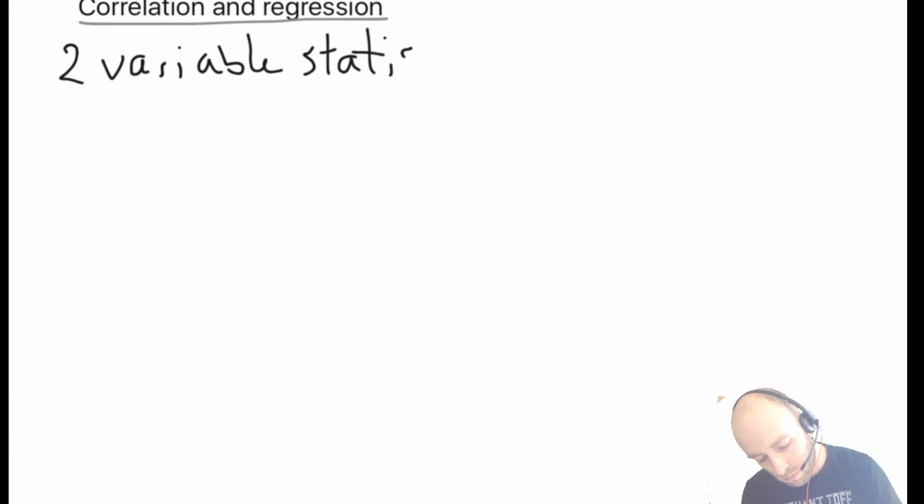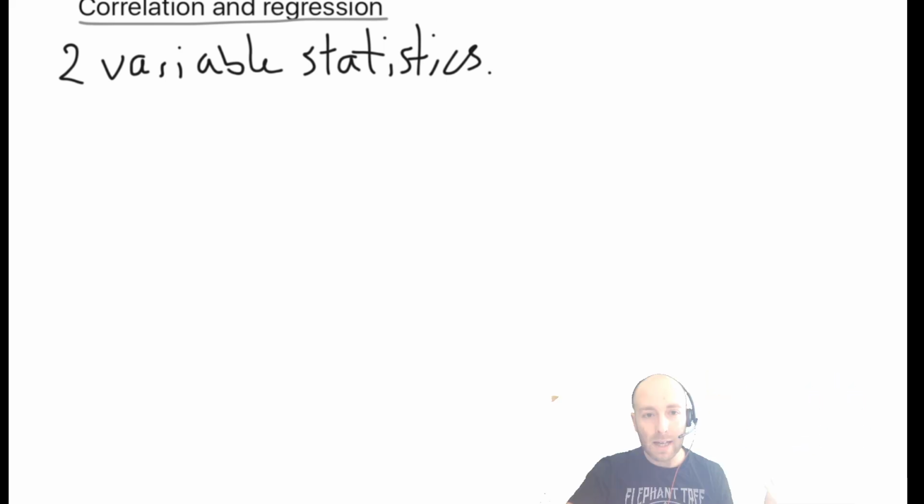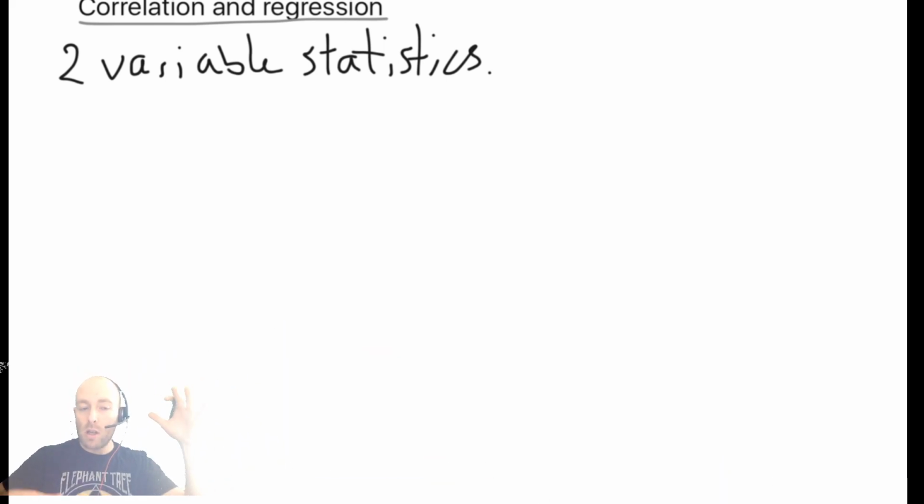So correlation and regression. We're now talking about two variable statistics. Everything we've done so far was one variable, and when we did it on the calculator, we'd type in x, have our frequency column, but only one thing and one set of frequencies. Now we're going to be looking at two variable statistics. What we mean is there's two bits of interesting data. We're saying as this happens, maybe this causes this to happen.